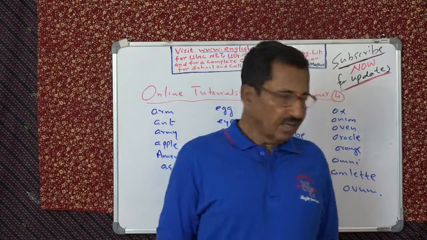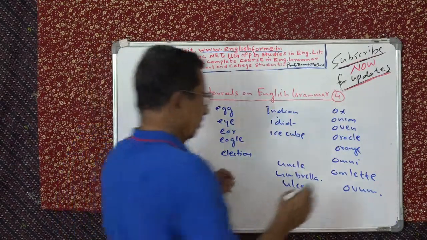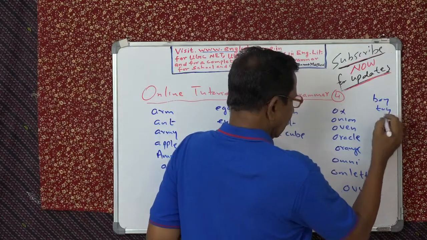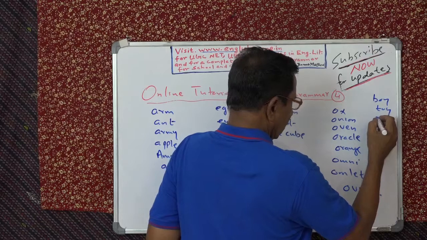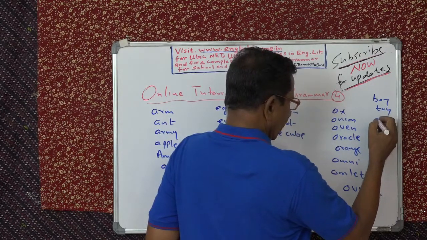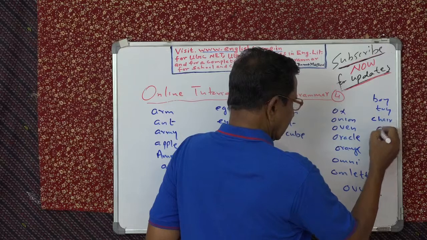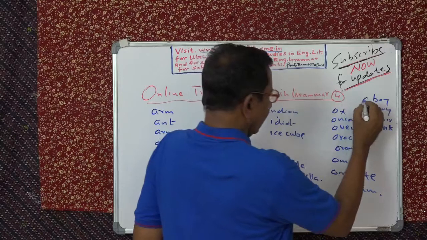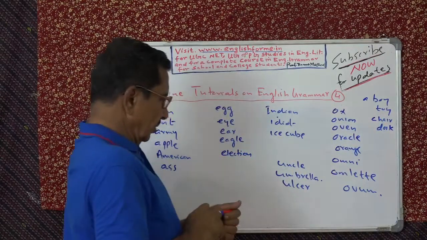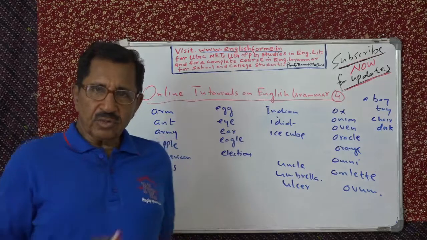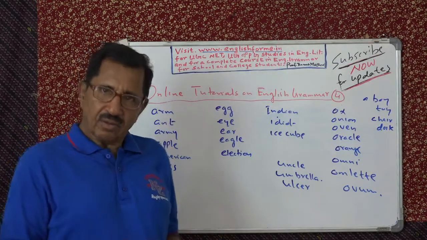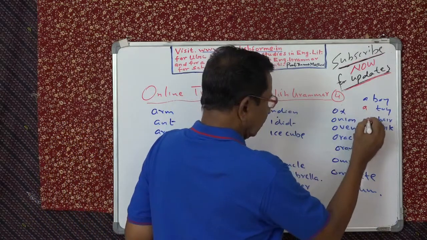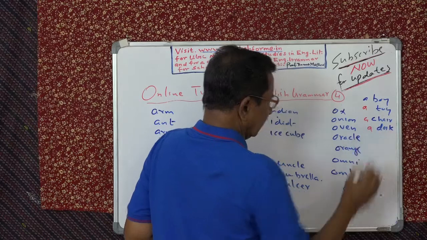And like boy, toy, chair, desk, you can count these. So you say a boy. You can use a with boy, because count nouns. A boy, a toy, a chair, a desk.